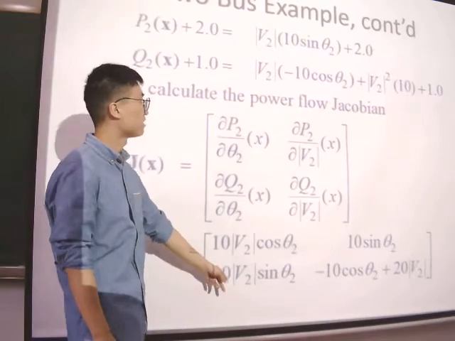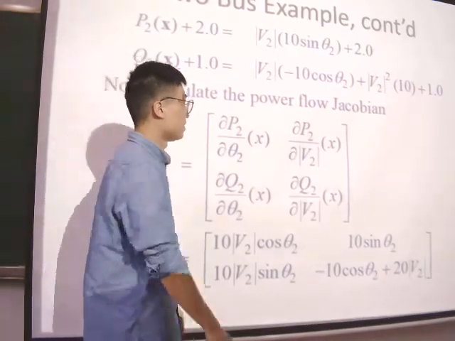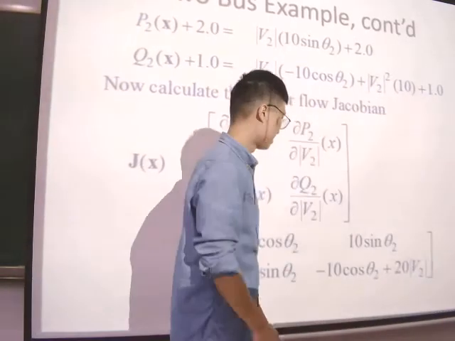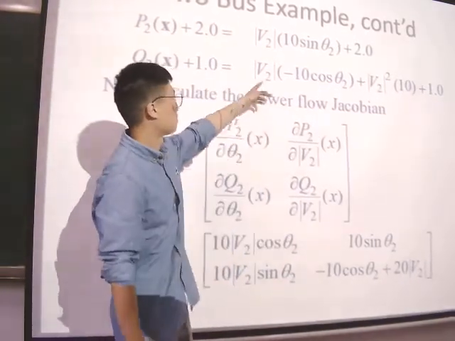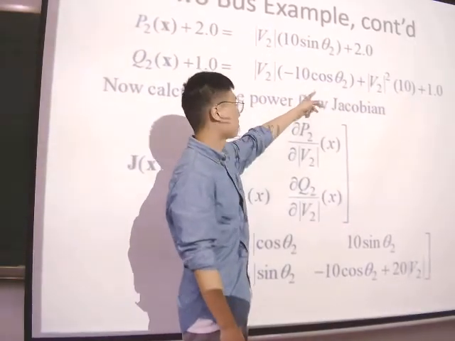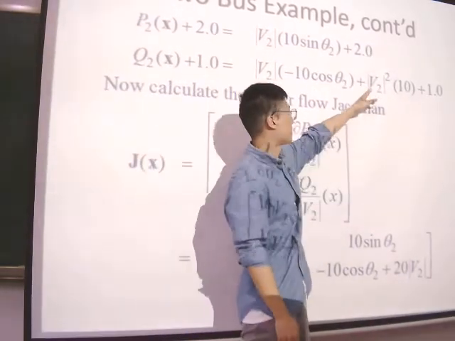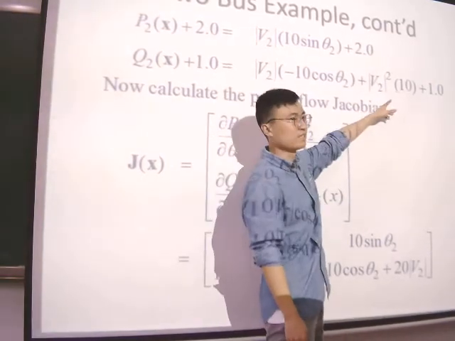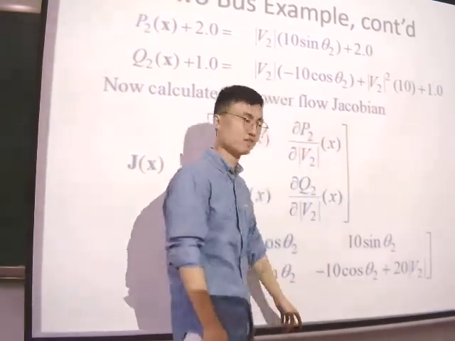Then for V2, minus 10 cosine theta 2, plus 20 V2. Okay?